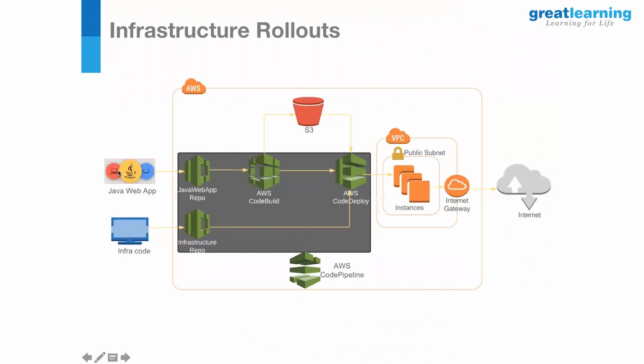We assume there are two teams. One is your development team working on a Java application, and your DevOps team working on infrastructure as code. Basically, they're trying to create a set of CloudFormation templates which will be used to spin up your EC2 instances. So these two teams have their own two different repositories for segregation of duties, and to keep their code changes separate.